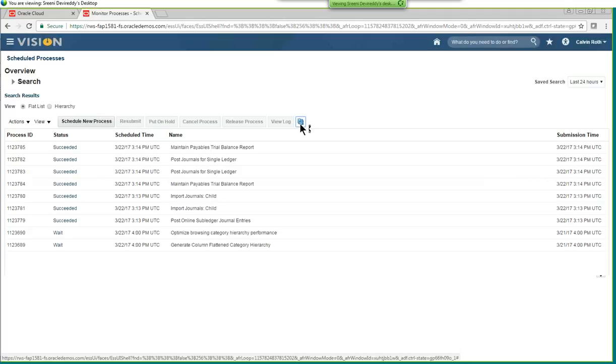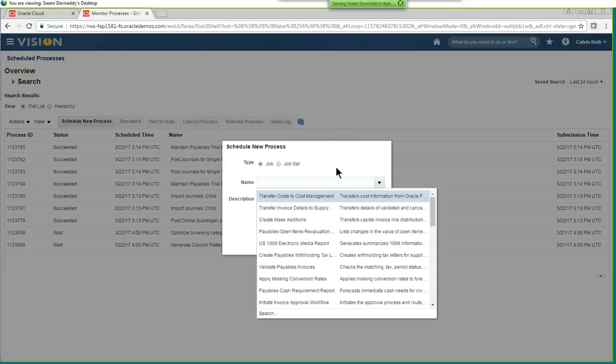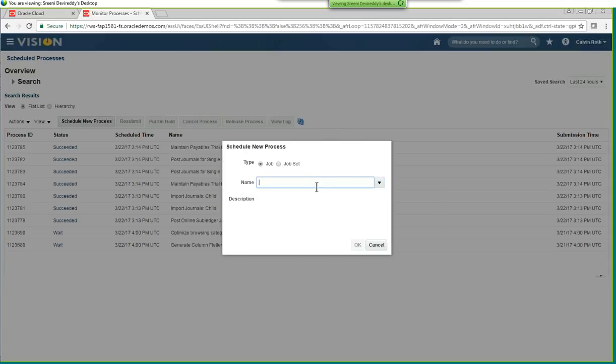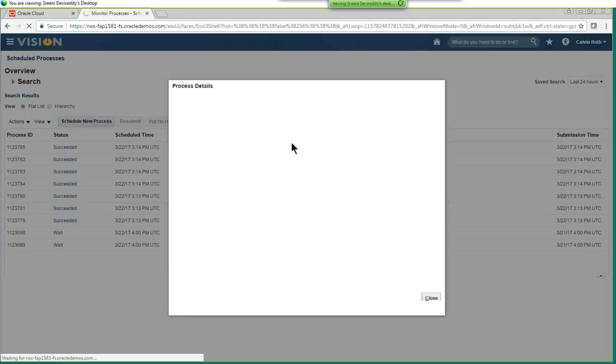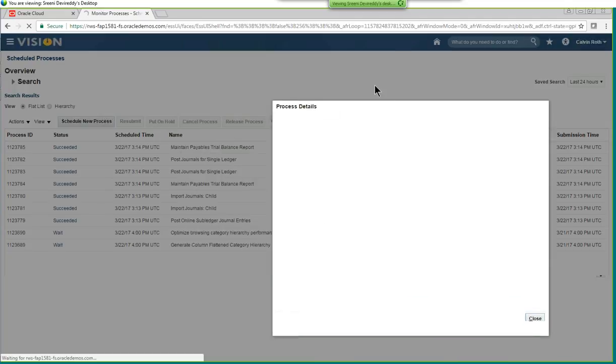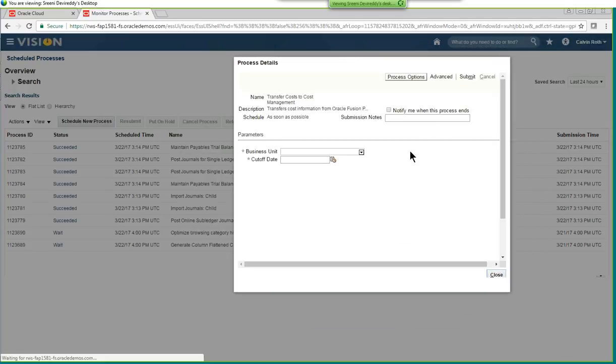Okay. So let's do a transfer cost to cost management. This is going to pick up the accrual lines from payables and send them across to the distributions table in receipt accounting so that you can do the reconciliation, right? Transfer cost to cost management. So let's make sure it is done here, right? Yeah, it is done. Okay.